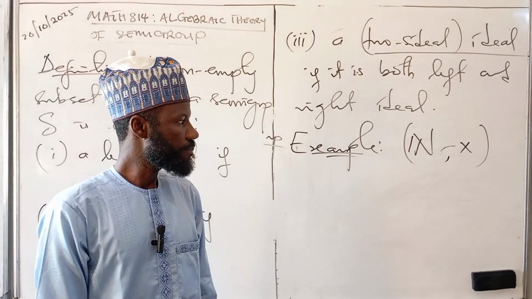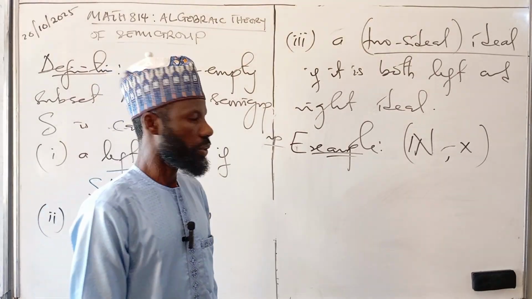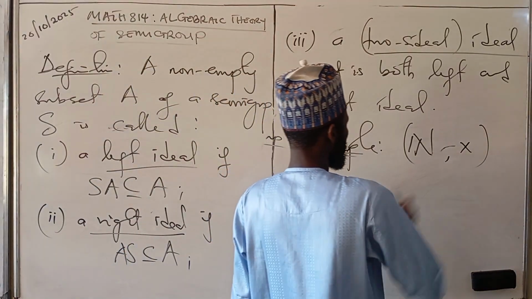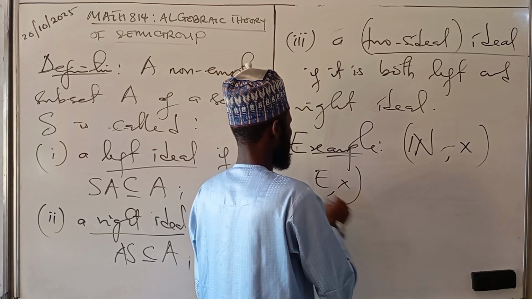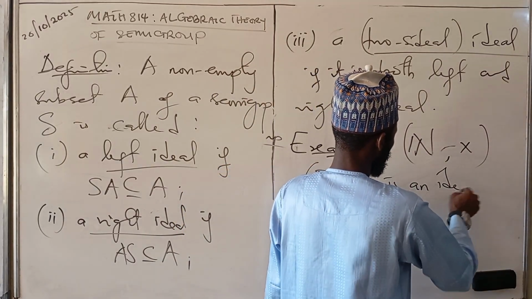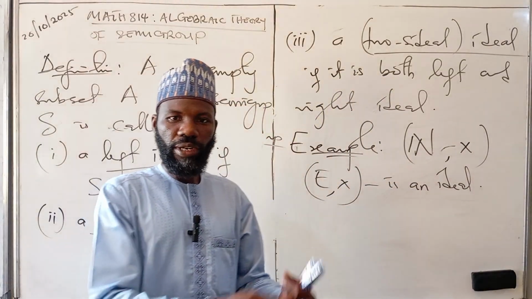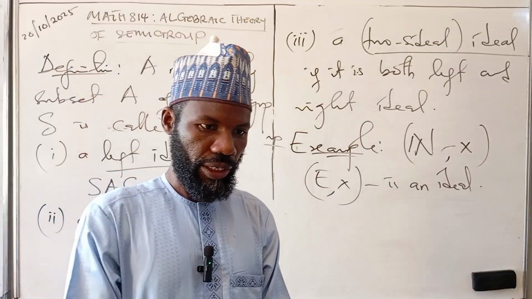Whether you take natural numbers with zero or not, no matter. So the even natural numbers with multiplication is an ideal, because if I take an even number and multiply with any other number, the result is an even number. I hope it's okay.